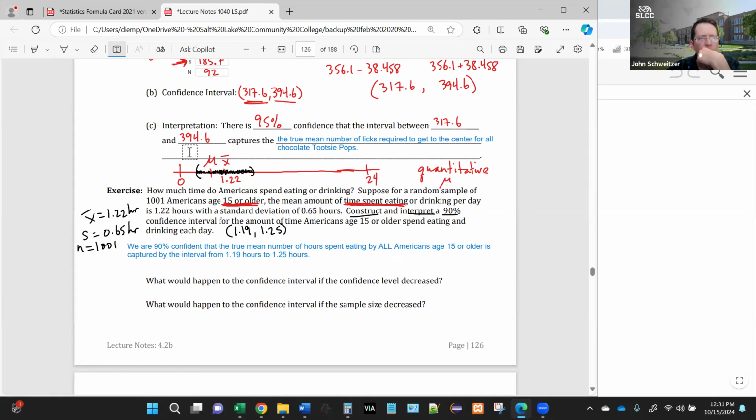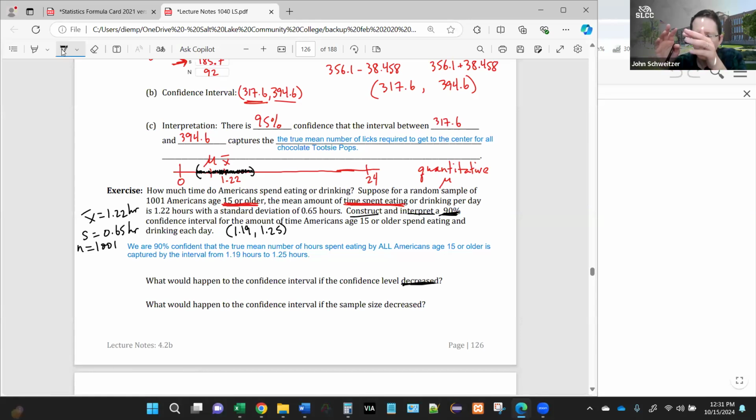Okay, so a couple of follow-up questions on this. What would happen to the confidence interval if we said, okay, well, we can actually live with an 80% confidence interval? So this was calculated at a 90% confidence level. What if we actually decrease the confidence level? Okay, why would we do that? Well, it kind of depends on what industry you're in.